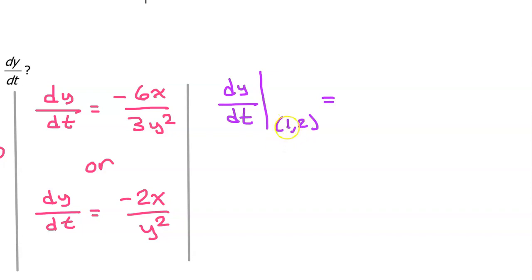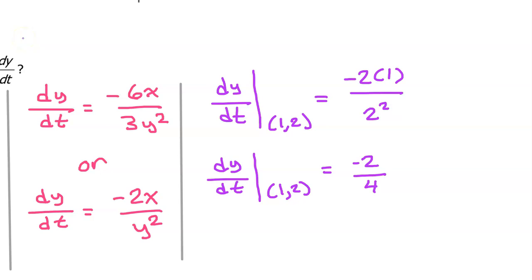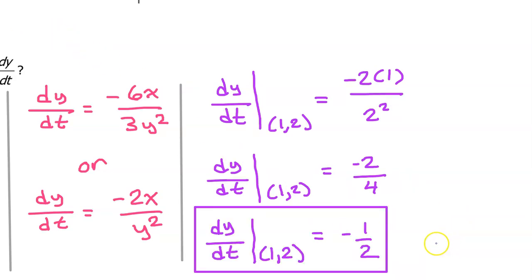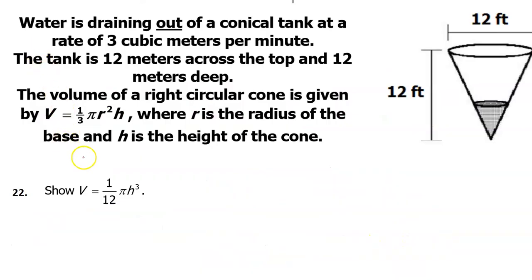This means we will substitute 1 for x and 2 for y. I'll use the simplified version that we have. So that would be negative 2 times 1 divided by 2 squared. This equals negative 2 over 4, which of course simplifies to negative 1/2.